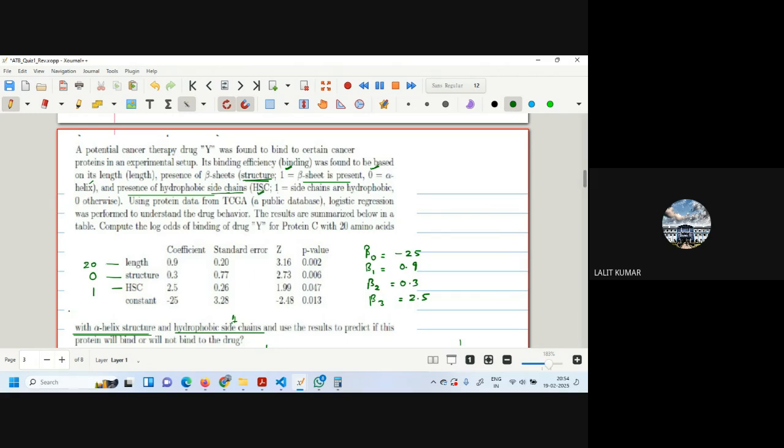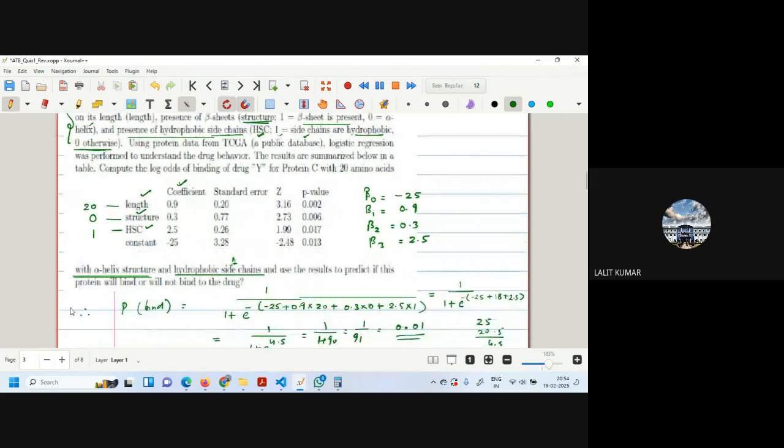It is 1 if the side chains are hydrophobic, or 0 otherwise. This is the main part which you have to read. Using protein data from TCGA, a public database, logistic regression was performed to understand the drug behavior. The results are summarized below in a table. For length the coefficient beta is 0.9, structure is 0.3, HSC is 2.5.